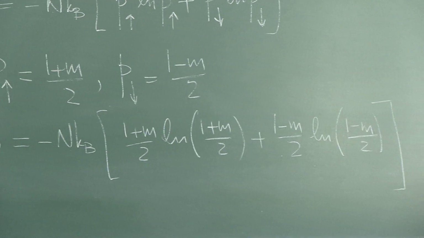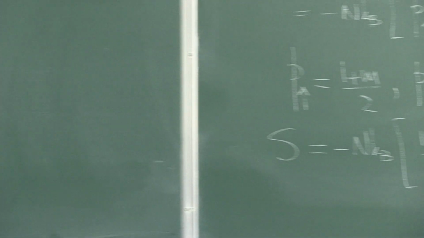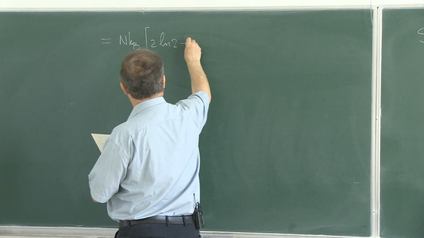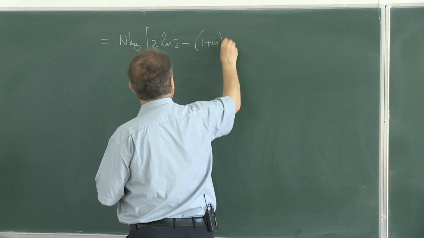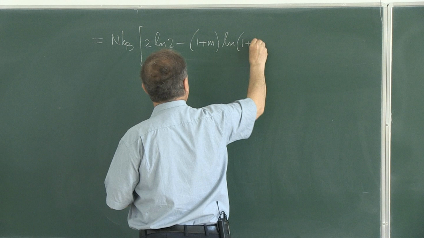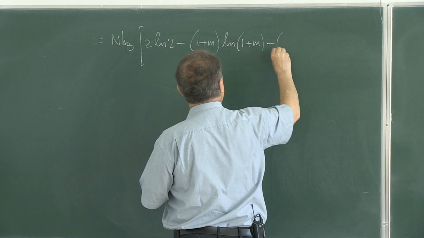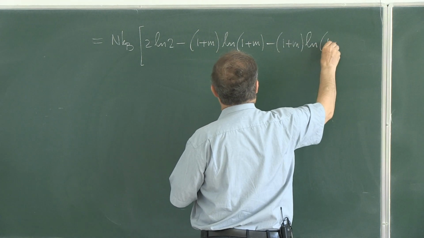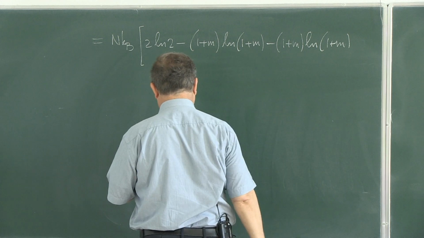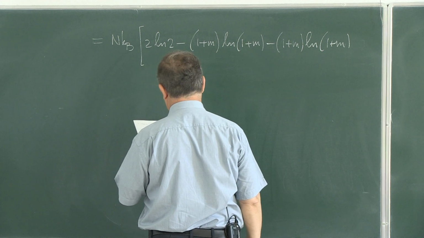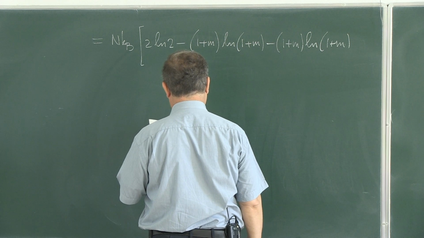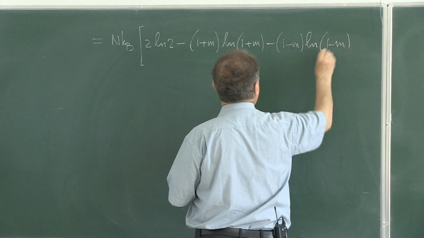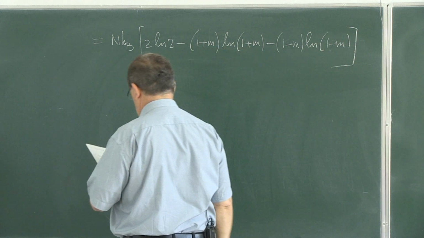You can rewrite this as N k_B, expanding everything, ln 2 minus (1 plus m) ln (1 plus m), minus (1 minus m) ln (1 minus m). Am I doing it correctly?